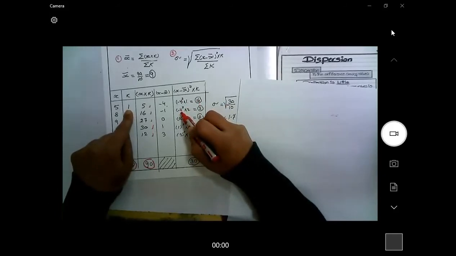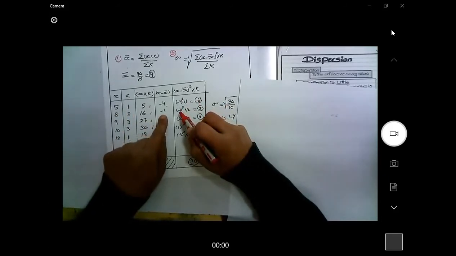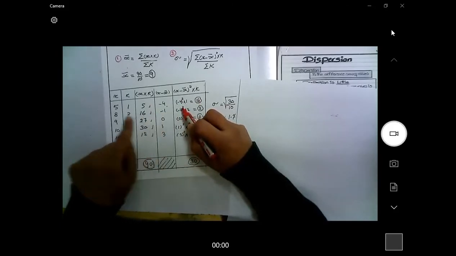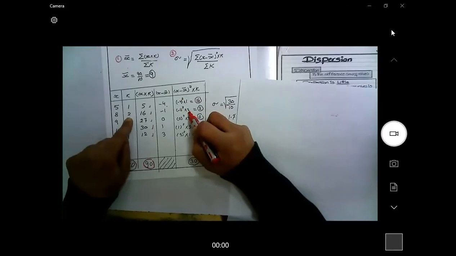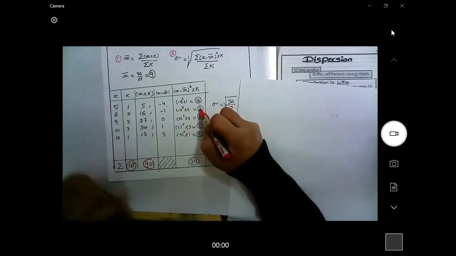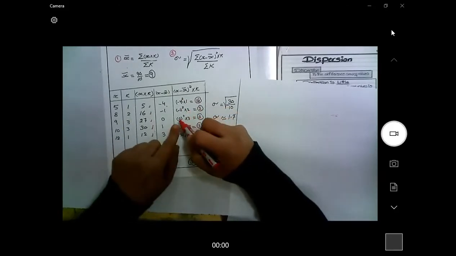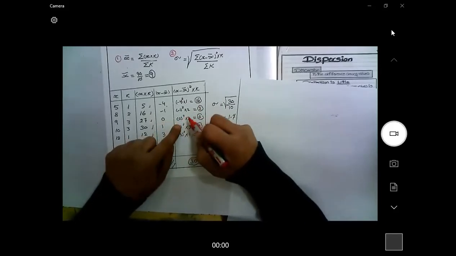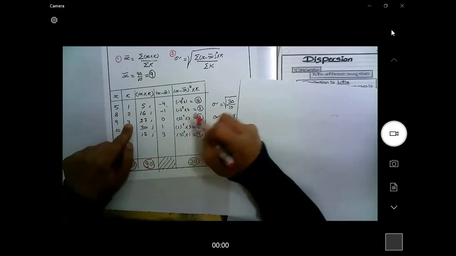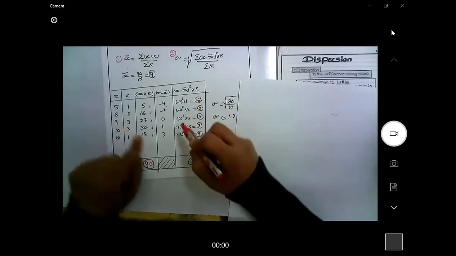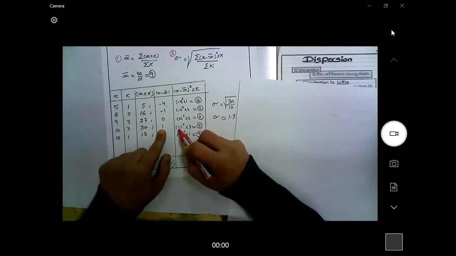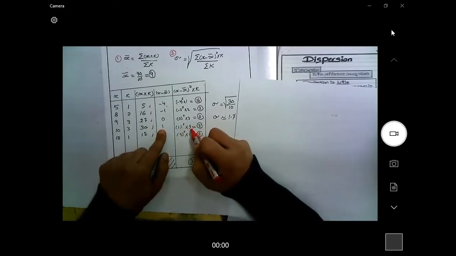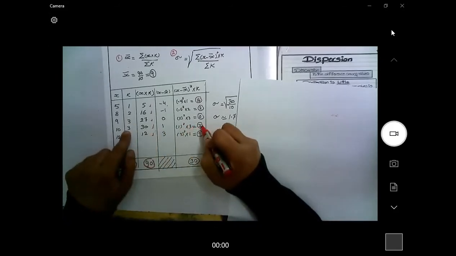Second, negative 1 all power 2 times 2 equals 2. 0 all power 2 times 3 equals 0. 1 all power 2 times 3 equals 3.